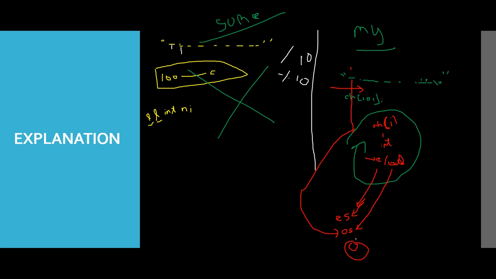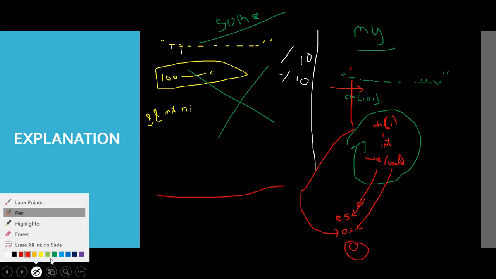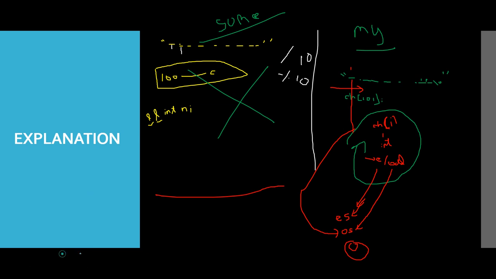Another thing you have to note is how to convert this character into a number. This is a character, as we know, and we have to convert it to a number. Say I declare char a and I say a is '5'.